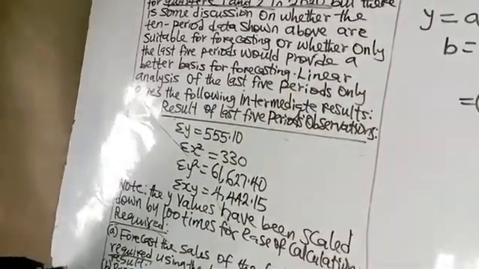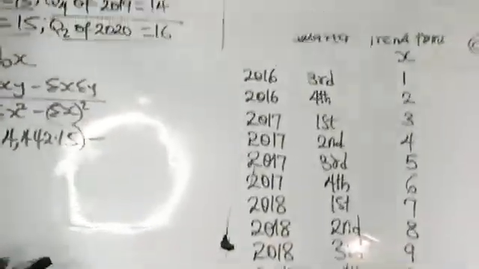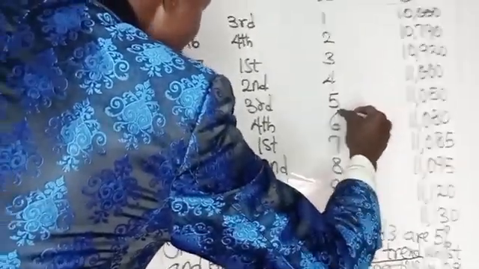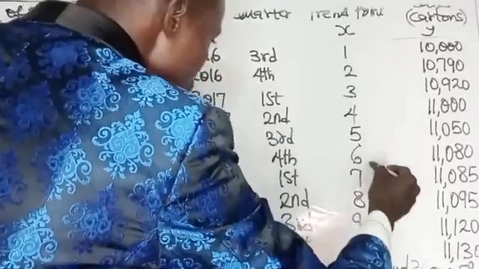So you go back to the initial data provided, the last 5 periods. Let's add it: 1, 2, 3, 4, 5. This is x. So you add the last 5.